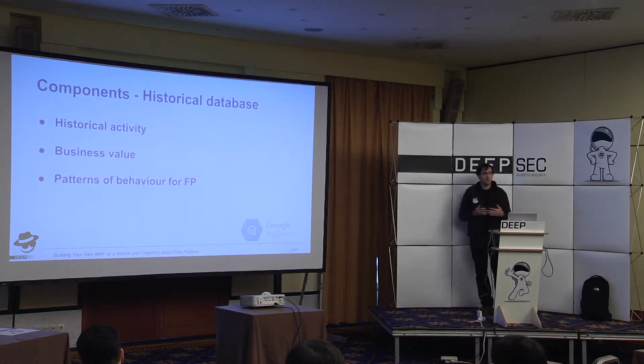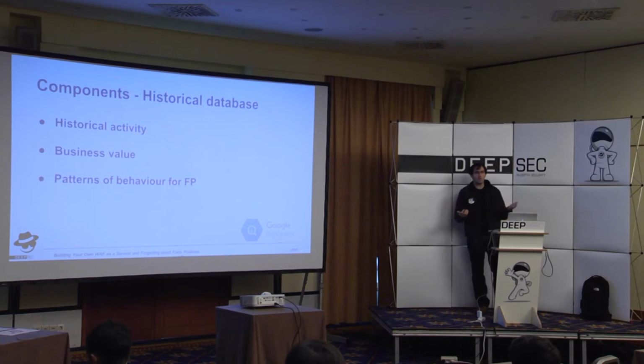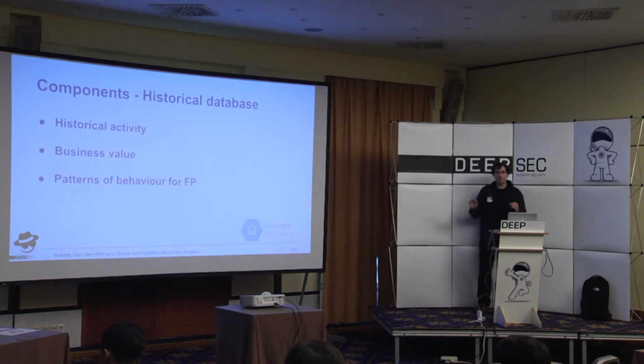The idea is that this historical database is going to give you insights on not just the context, but the history of these particular endpoints. So you can imagine a pattern of behaviors of false positives. This is an endpoint that usually has a lot of detection false positives, which I will go into details afterwards, what I mean by detection versus blocking false positives. Or is there business value in this request which is coming in? It's coming from a particular customer or not.